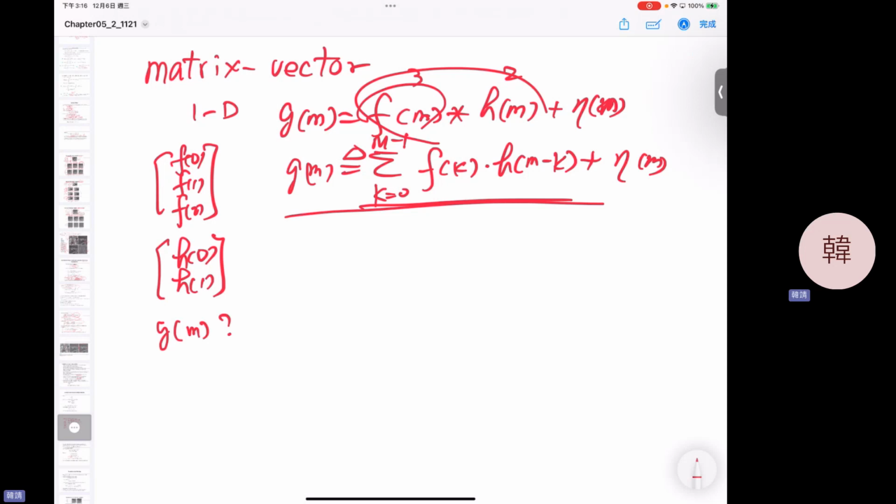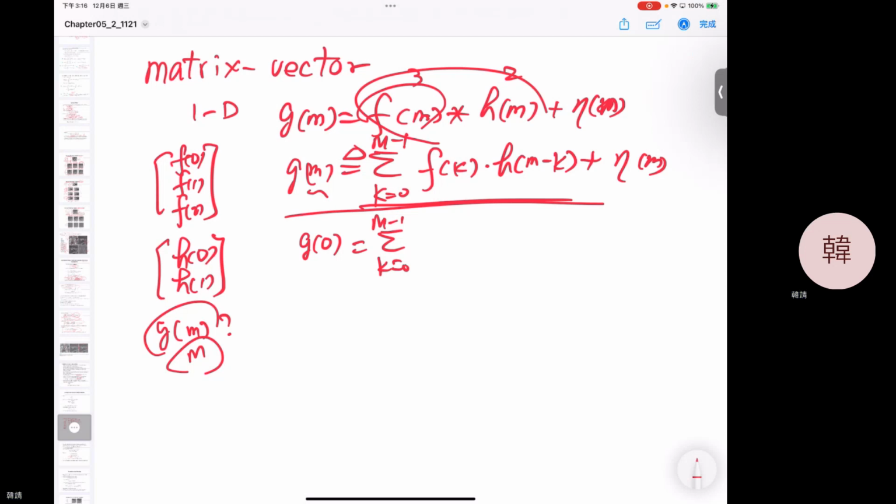The first component, G0, should be what? M equal to 0, so it's the summation over K from 0 to M minus 1. What's the size of this G vector, capital M? It's the size of F plus the size of H minus 1, so the result should have 4 components.